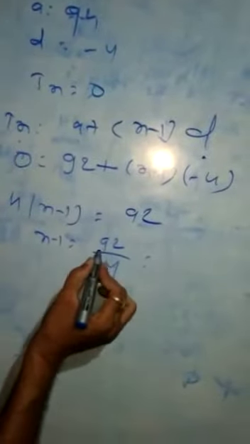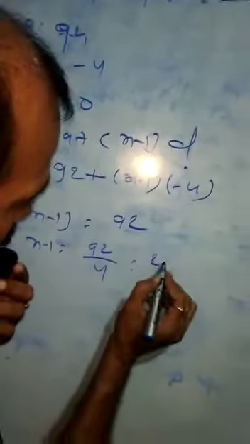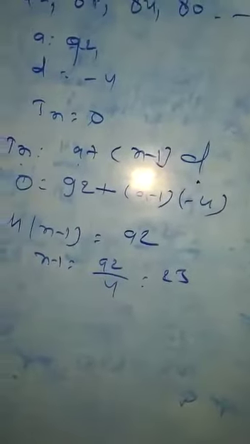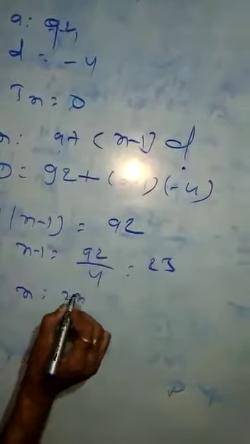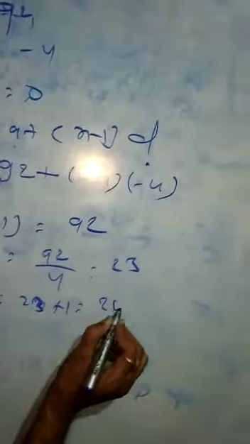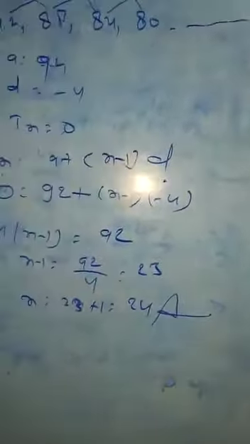That negative goes to the other side and becomes positive. So N minus 1 equals 92 by 4, which equals 23. Therefore N equals 23 plus 1 equals 24. That is the answer.